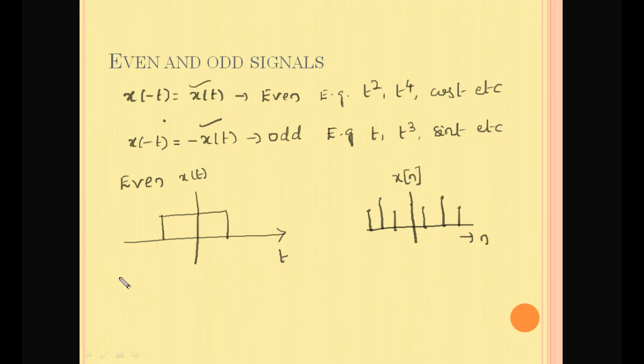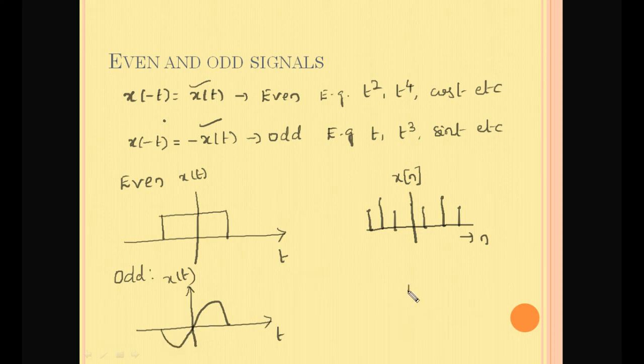Let us look into odd signals. First, we will consider a continuous time signal. This is time and this is x of t. It is called an odd signal if it is defined like this. It is a reflection of the original signal with a negative value.